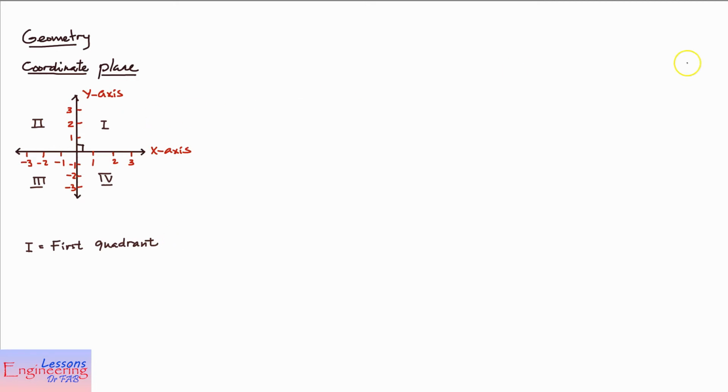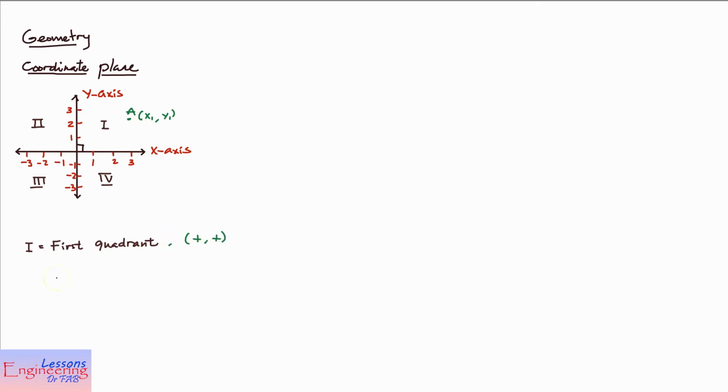Let's take an arbitrary point, point A, with coordinates x1, y1. All points in this first quadrant are made up of a positive value for x and a positive value for y.